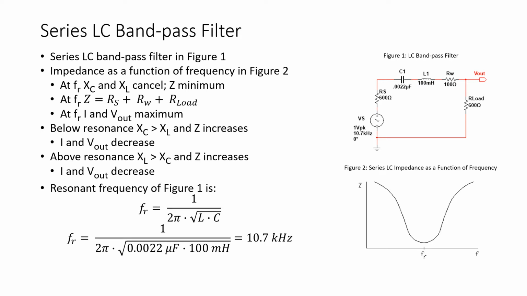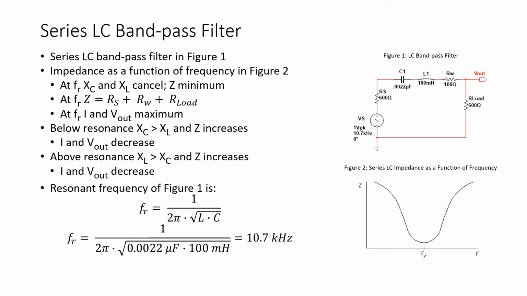Now, hopefully you recall from our discussion of series LC circuits that at resonance, the impedance of this series LC combination is minimal. At resonance, X sub C and X sub L are equal in magnitude, yet 180 degrees apart, and therefore they cancel.